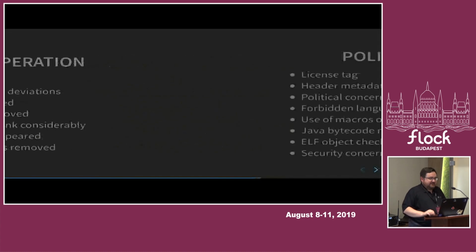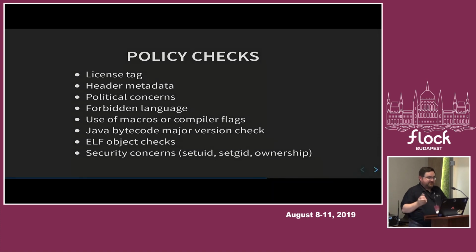Policy checks, so these are things that I do right now. Again, these ideas came from rpmdiff, so I check the license tag, validate it against the approved license database, and check header metadata. Political concerns is an interesting one. This is from RHEL. Red Hat, being a US company, has to be conscious of certain embargoes or political or market concerns.